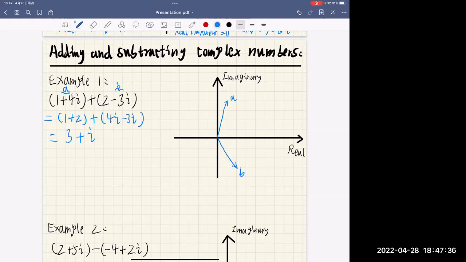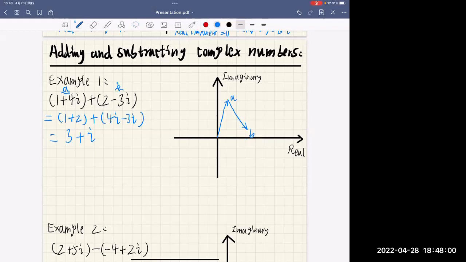And because it is A plus B, we move or pan it from the origin and match the tail of B to the tip of A without changing anything else. Don't change its bearing and magnitude. Like that.